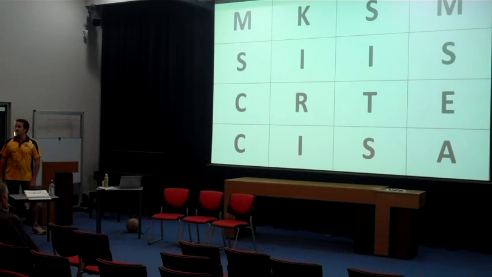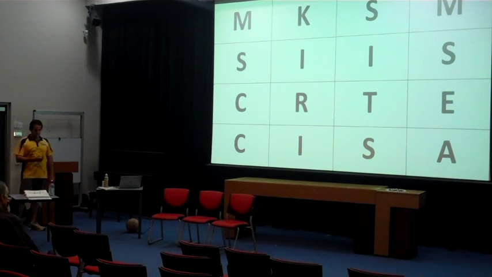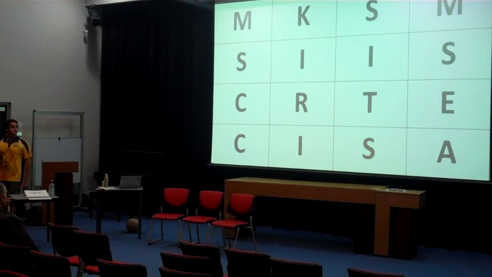So diagonal for that? Diagonal's fine as long as they touch. You can go forwards, backwards, any direction, as long as they touch. If they're stuck, I might say something like it starts in a corner. Criticism is the longest one. Criticism.